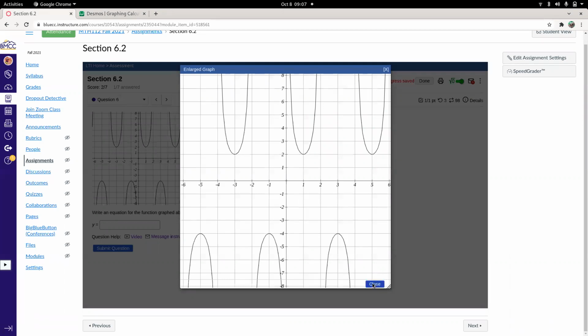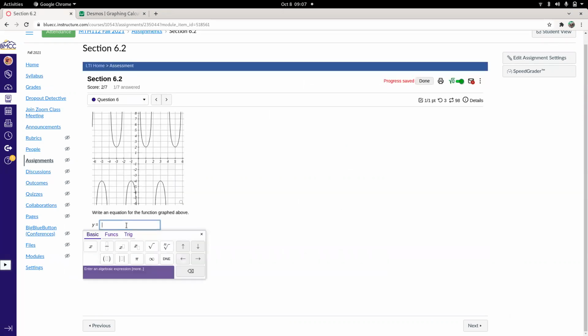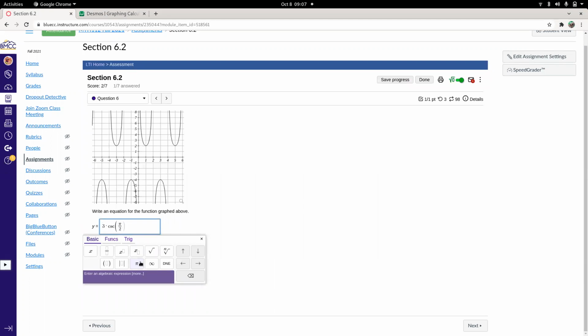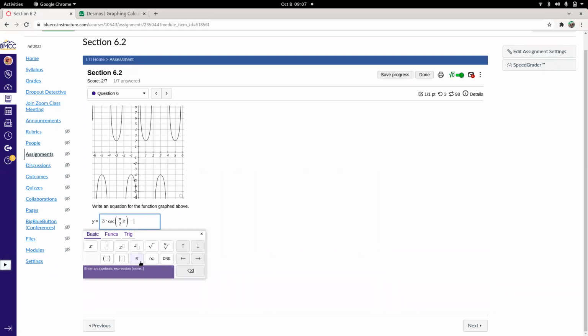Yeah, looks like I got the right graph. So this is the graph of 3 times the cosecant of pi over 2 times x, close parentheses, and it's shifted down 1.